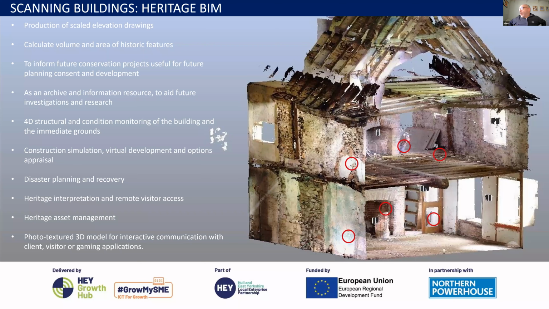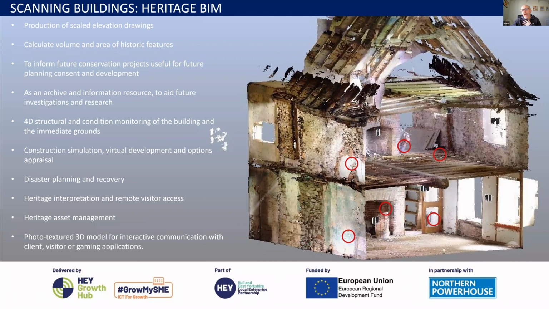Some of the applications that we use, primarily because of the way we work with industry, we do a lot of work across the country with architects, developers and construction firms, particularly in the heritage environment. So in this case here, we're looking at a property where a lot of its timbers date from the Norman conquest period.